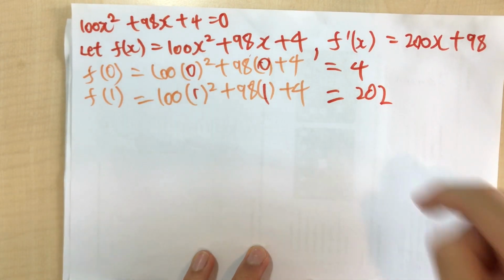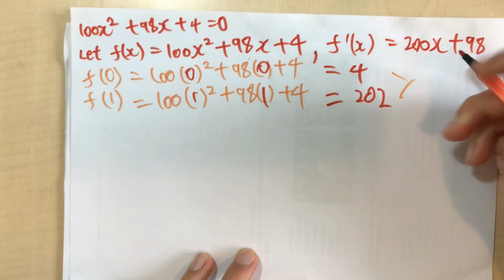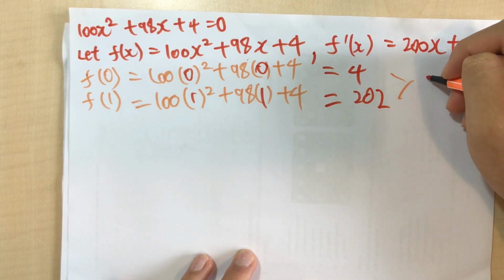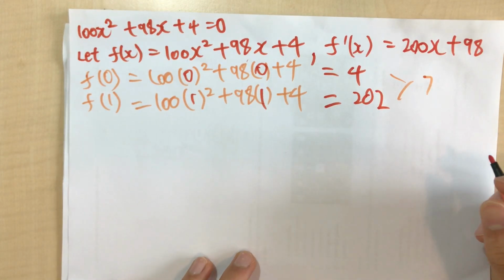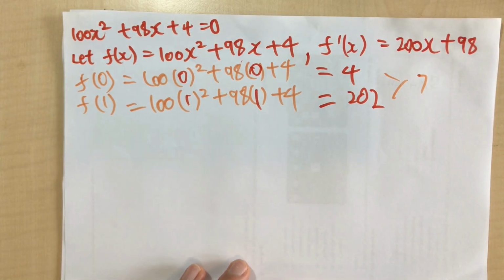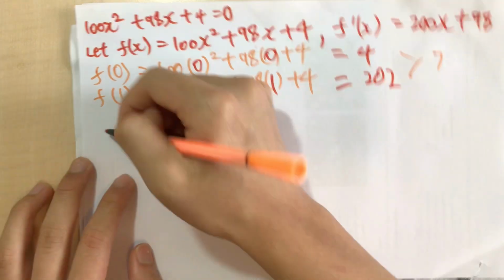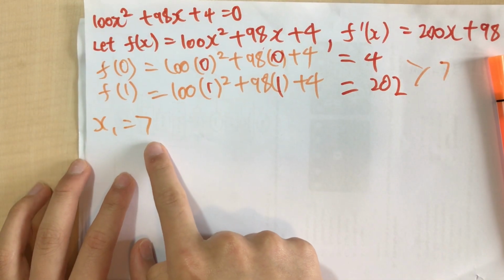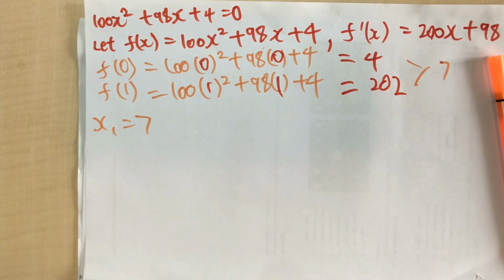Now the range is quite big, but we can still pick a number between them. Perhaps I like 7. Any number will work between this range. Now x sub 1 is 7. Do you agree with me this is at some point close to the solution? Yes. But every time we use Newton's formula, we'll get a closer answer.